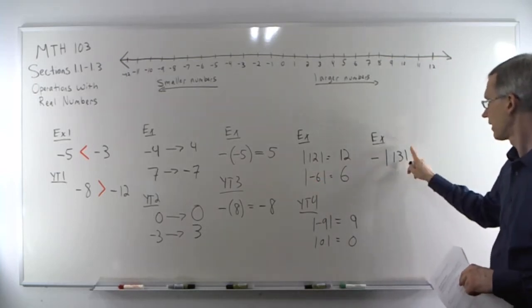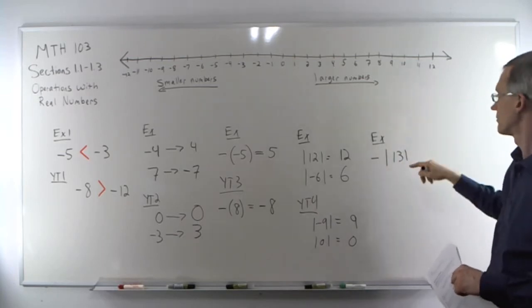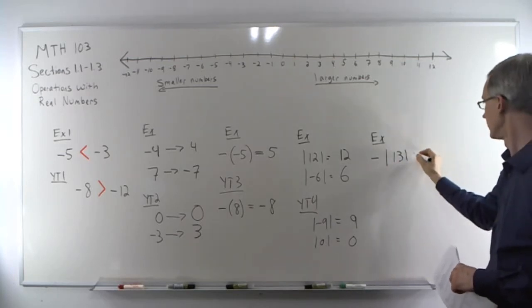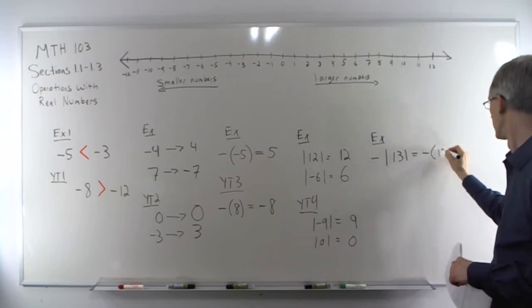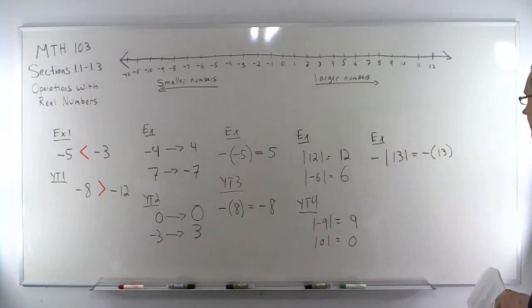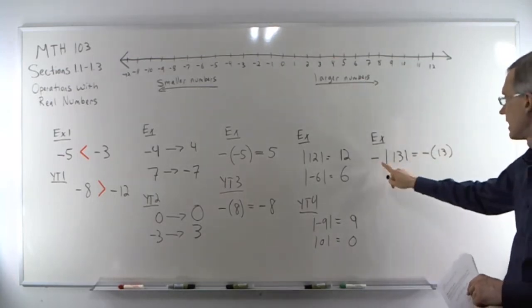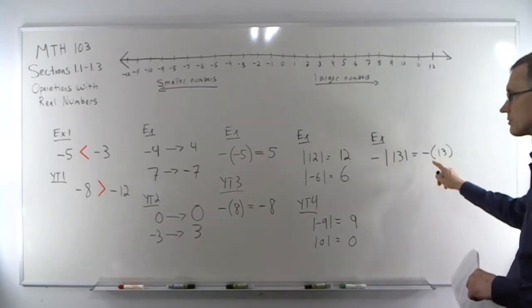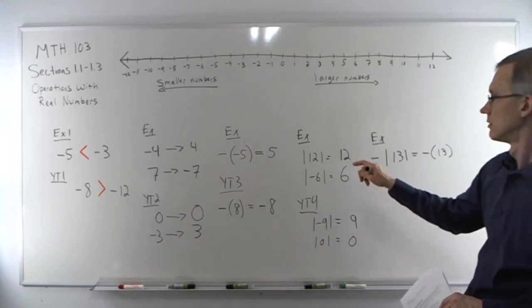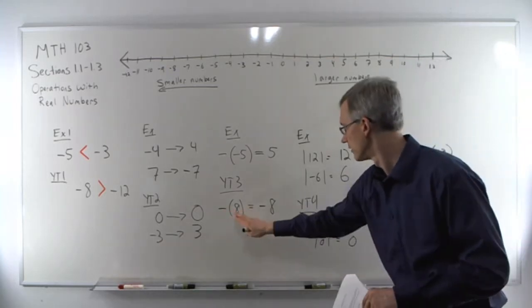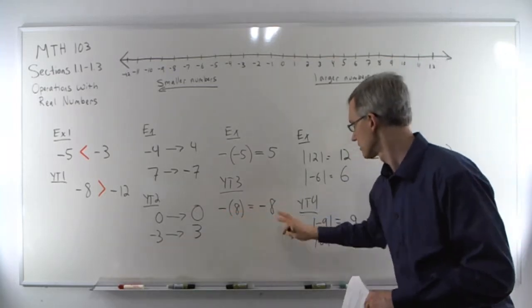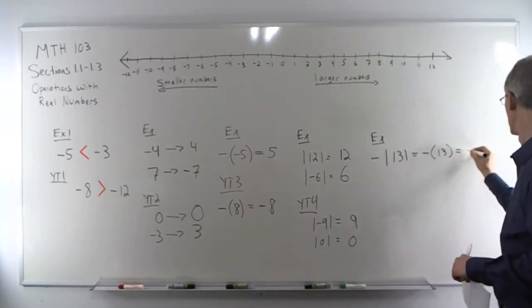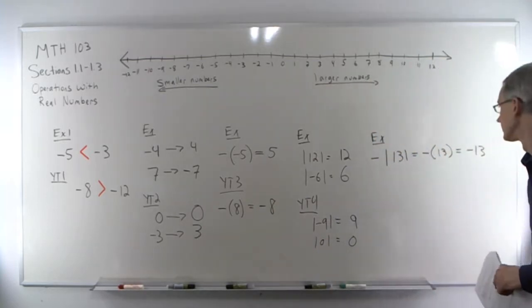So here, the absolute value of 13, that's 13 steps away from 0, so that is 13. But that negative stays, because that's not within the absolute value bars. Now, as we saw before, the negative of 8 inside parentheses is just negative 8, so this is just negative 13.